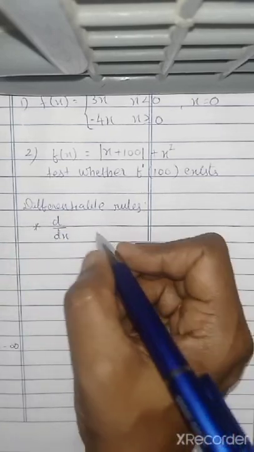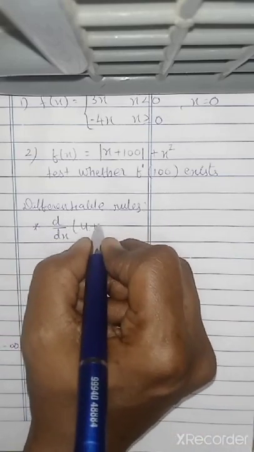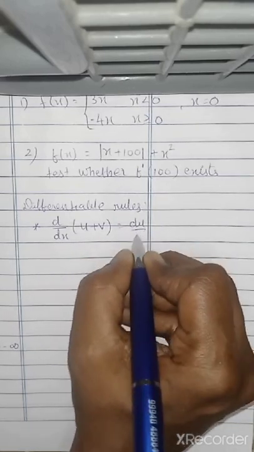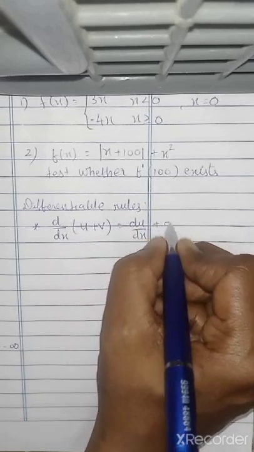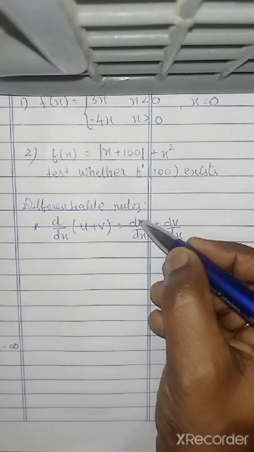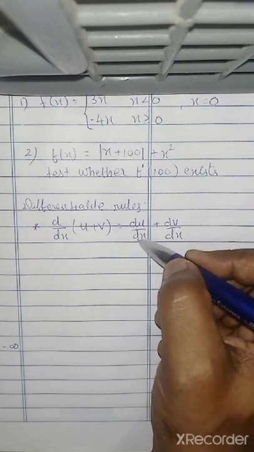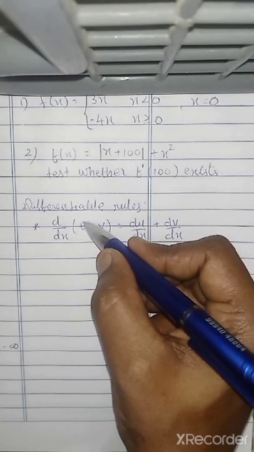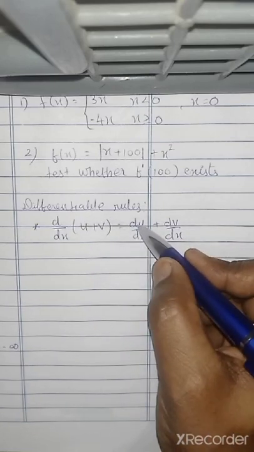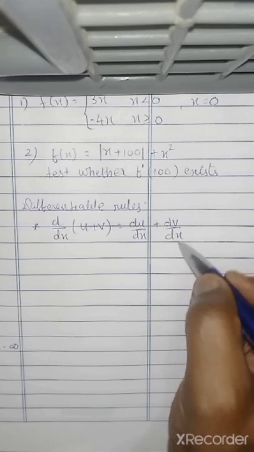This is the first formula: d by dx of u plus v, you can write as du by dx plus dv by dx. What does d by dx mean? Derivative or differentiation. So we differentiate u separately and v separately, that is du by dx plus dv by dx.